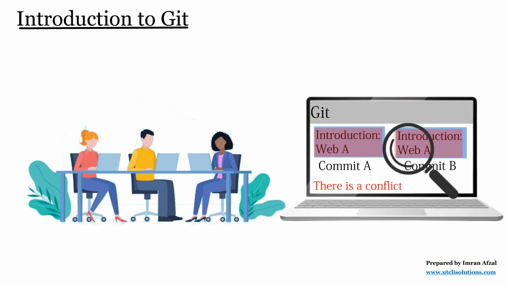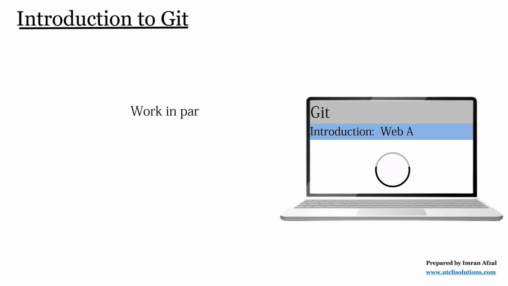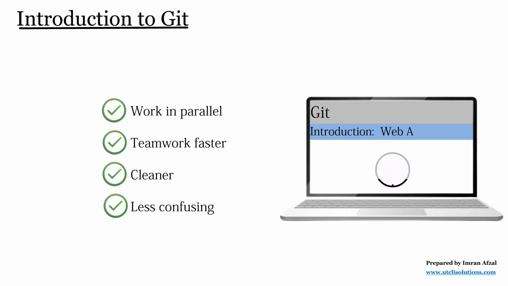Then the friends can look at the file, decide whose change to keep, or even mix both together into one better line. Once they fix the line and save it, Git continues the merge and the project becomes complete again. This system allows everyone to work in parallel, making teamwork faster, cleaner, and much less confusing than using email or manual copies.